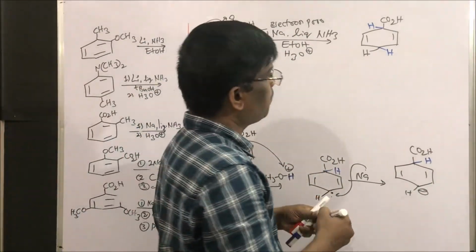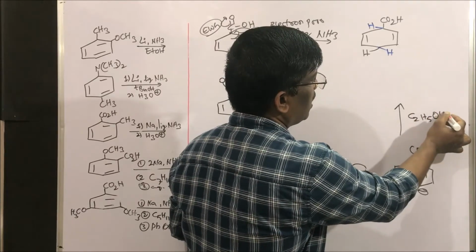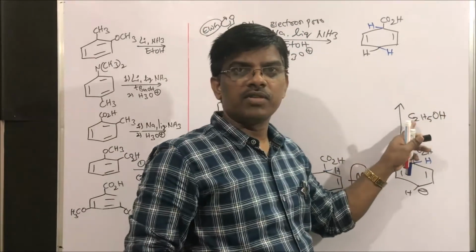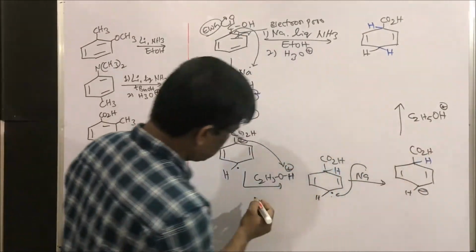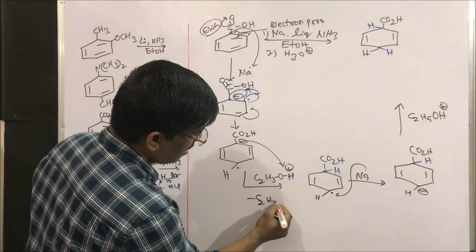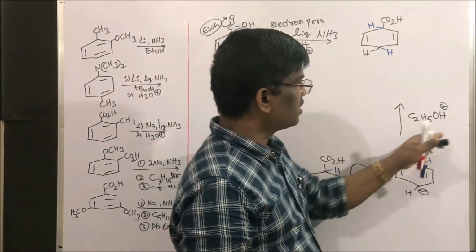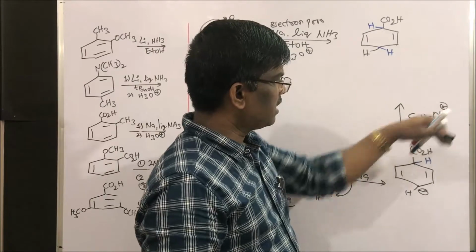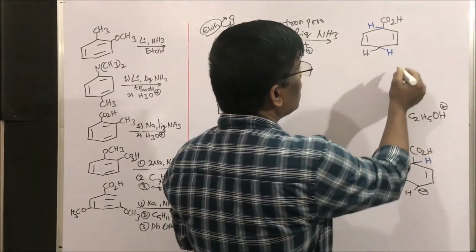Now it takes a proton again from C2H5OH. C2H5ONa, sodium ethoxide, will be released into the reaction mixture. So ethanol gives H+ to give this compound.